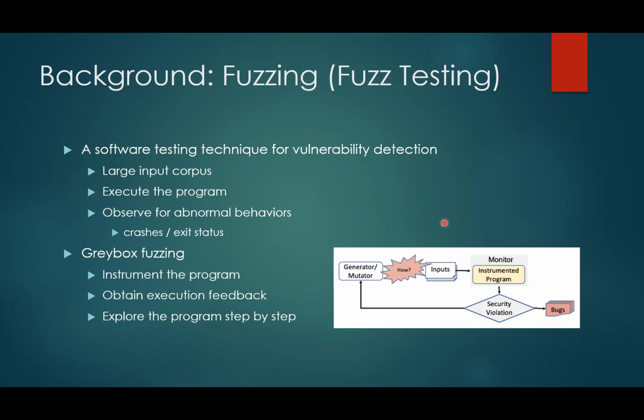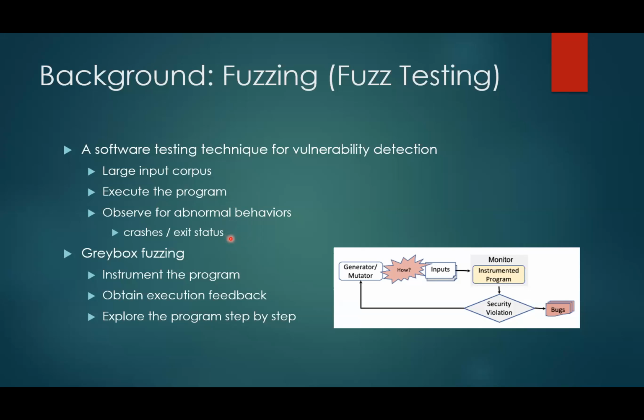It may be an indication of security issues, because some crashes are due to memory usage violations, such as writing out of bounds for an array. In that case, the attacker can try to exploit that vulnerability. So we observe abnormal behaviors, and these abnormal behaviors may have security implications.